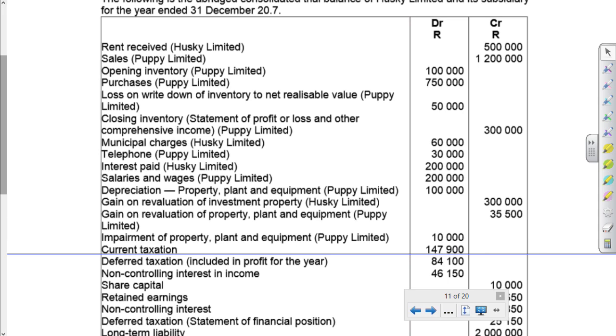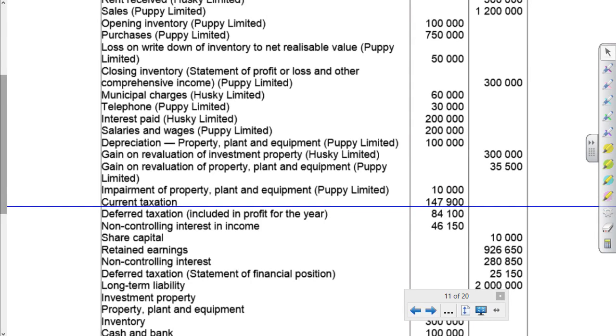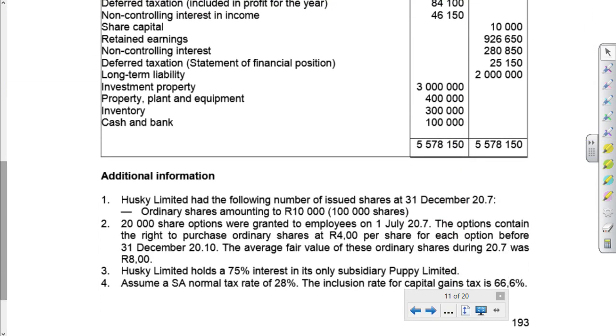You're going to take NCI off to get attributable to parent. Make sense? And then you're going to divide by the number of shares to get a basic earnings per share. And then for the dilution is stock options. If you remember how stock options worked from last week, the free options get added to number of shares.